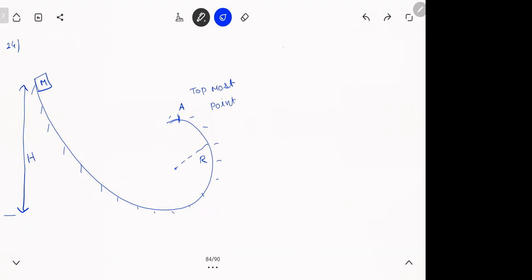So the question is, a block is released on a smooth track as shown.